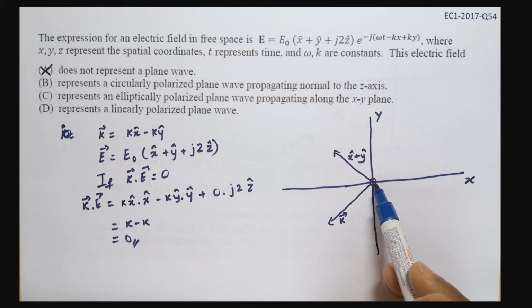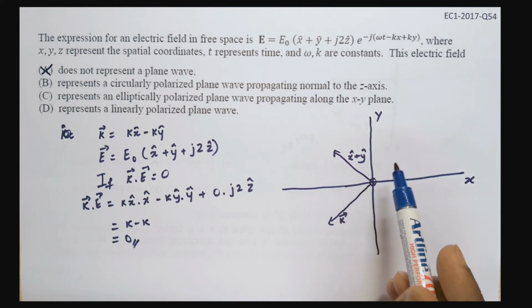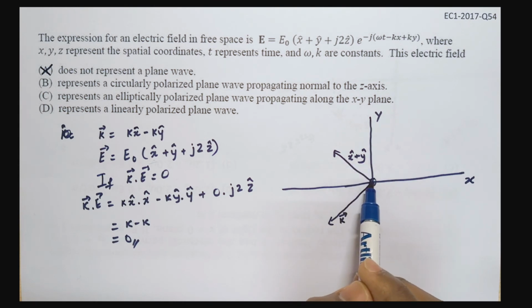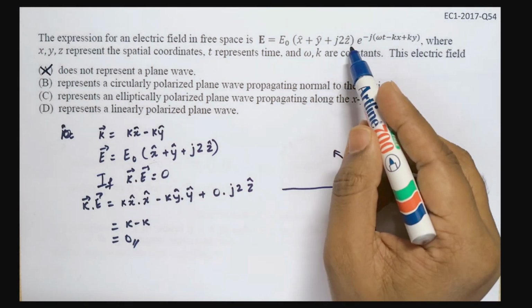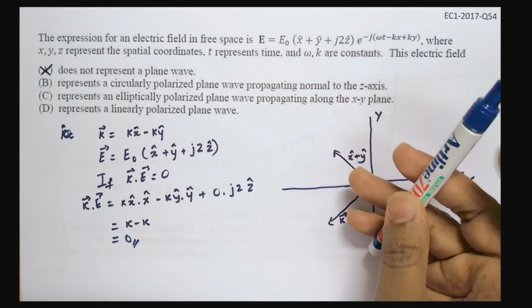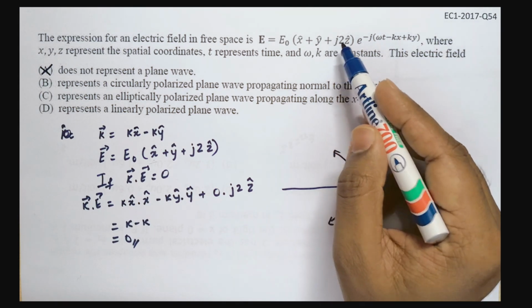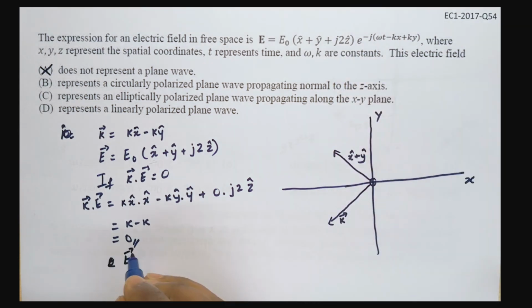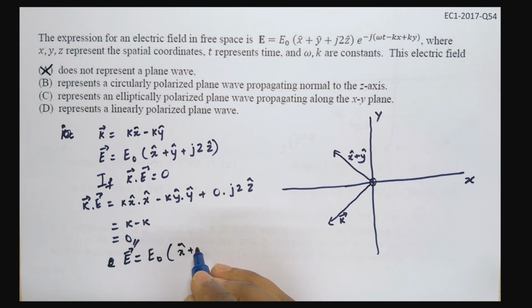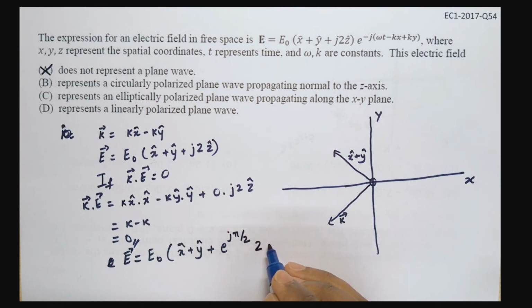In order to do that, what I will do is visualize the vectors. The first part of the electric field is x plus y, which lies in the xy plane, and we have the z vector which is coming out with a phase of j. With a phase of pi by 2, we can write the electric field vector E equal to E naught (x plus y plus e raised to j pi by 2 z).